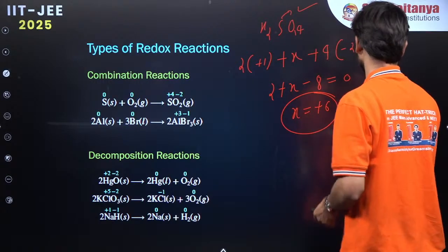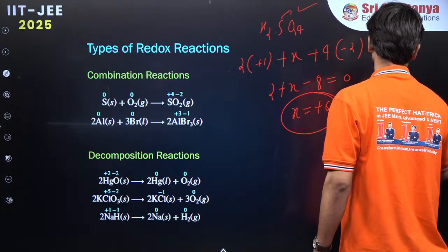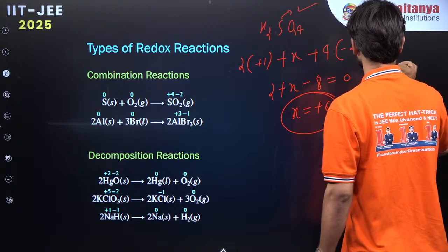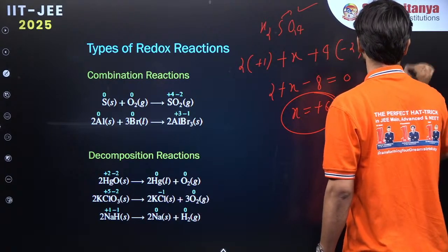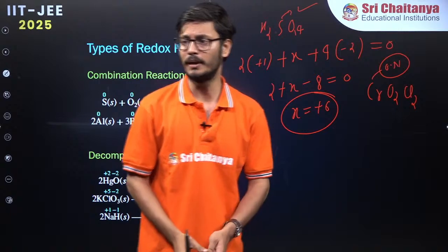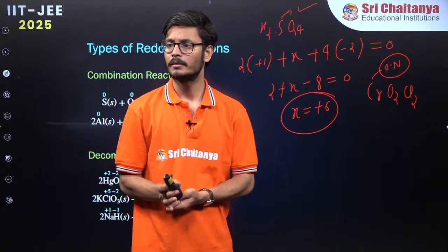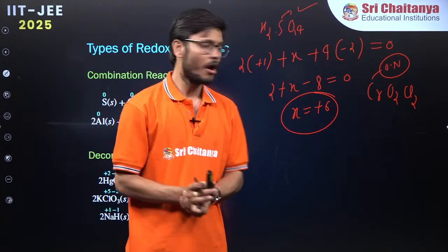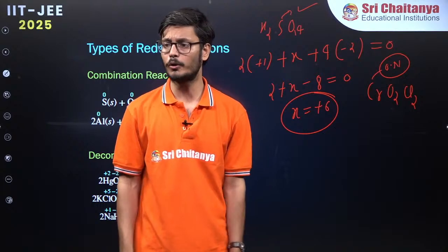Also give me this one. Chromyl chloride, CrO2Cl2. Give me the oxidation number of chromium in CrO2Cl2.